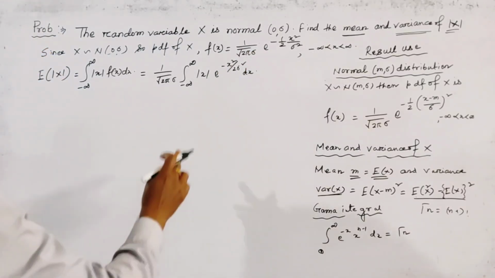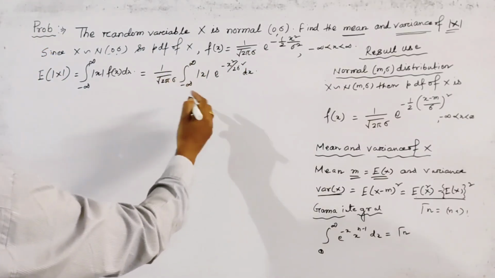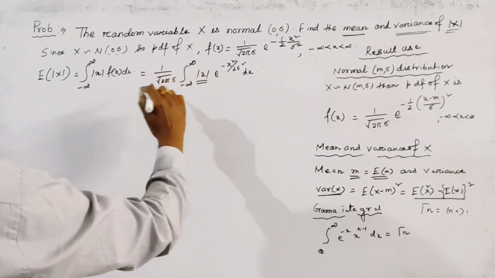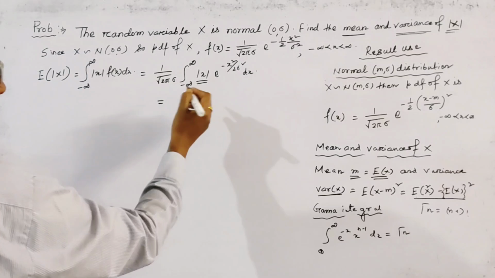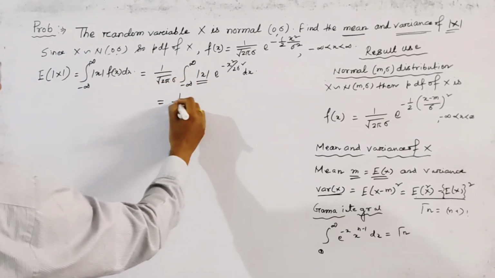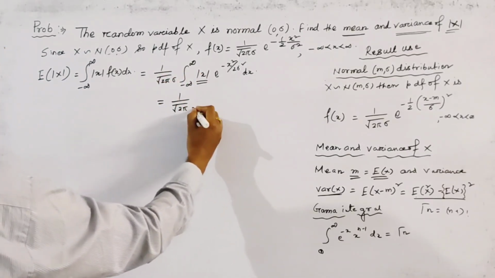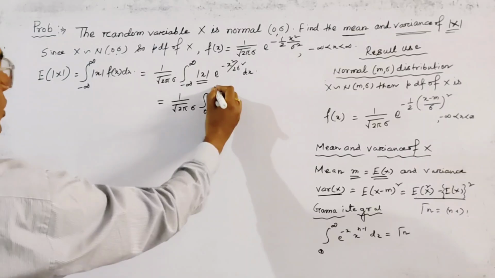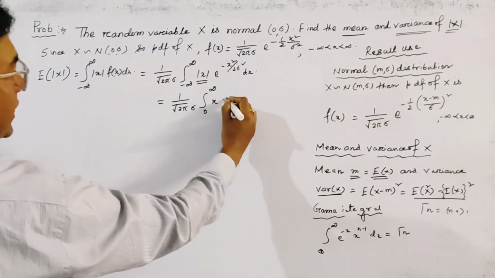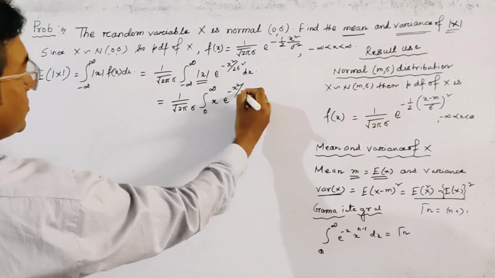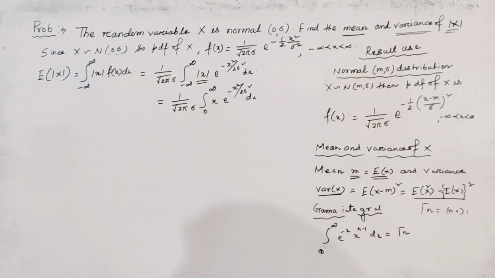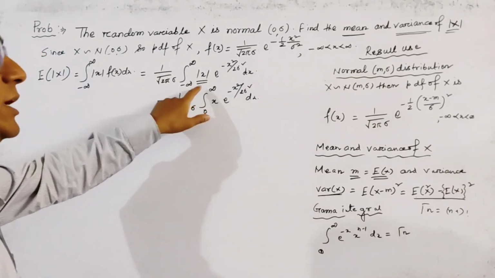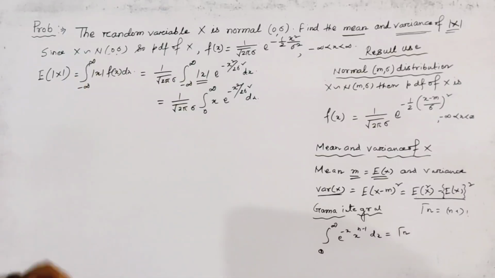Since it is an even function, because mod x is even and x square is present, we use the property of even functions and write 1 by root 2 pi sigma integration 0 to infinity x e to the power minus x square by 2 sigma square dx. We write x here because the range is 0 to infinity, that is only on the positive side.